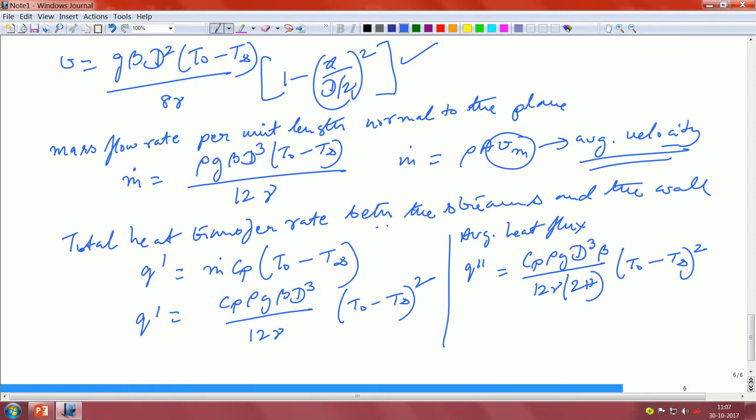Okay. So, it is basically nothing but q double prime is equal to q prime divided by 2h, that is all. That is how you should remember this particular problem.